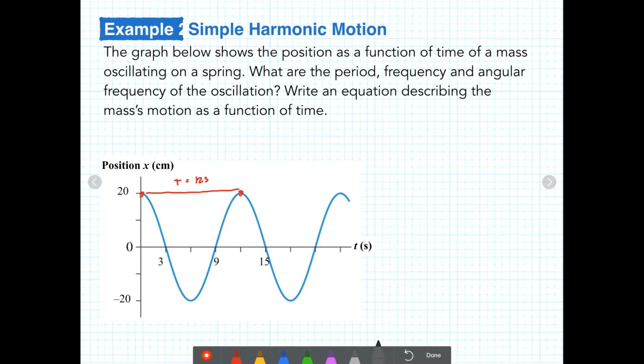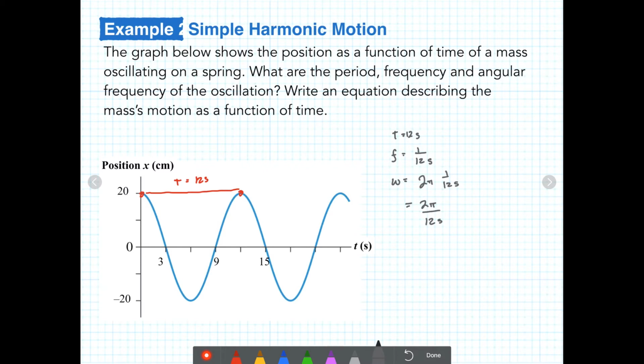All right, so if our period is equal to 12 seconds, that means our frequency is equal to 1 over 12 seconds, so 1 over 12 hertz, and that means omega is going to be equal to 2 pi times the frequency, which is 1 over 12 seconds, so we end up with 2 pi over 12 seconds.